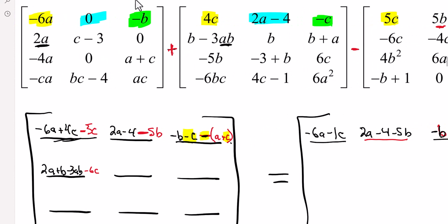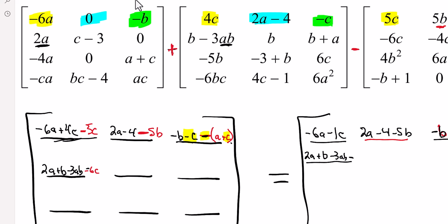Yeah, so this is going to be a really long one right here. So 2A plus B minus 3AB. And now we're going to subtract a negative.